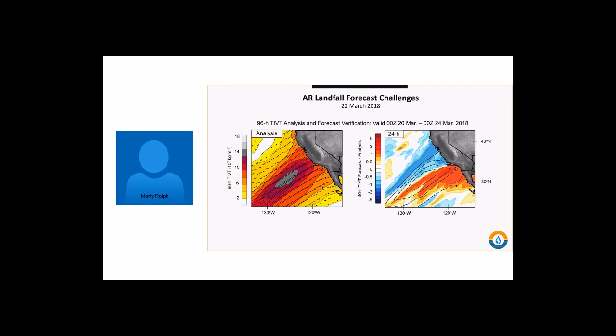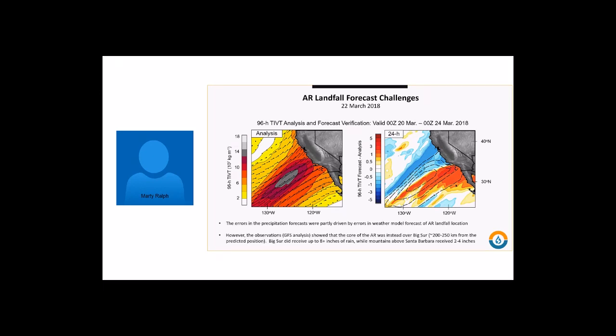What you can really see is the AR was originally predicted to hit more of the LA basin and then eventually came in farther north. We have some physics I won't go into here that we think is responsible for that. But to explore improving that, the aircraft flying out to the southwest of California ideally could have helped with this. So we're looking for cases like this to explore with our AR recon studies.